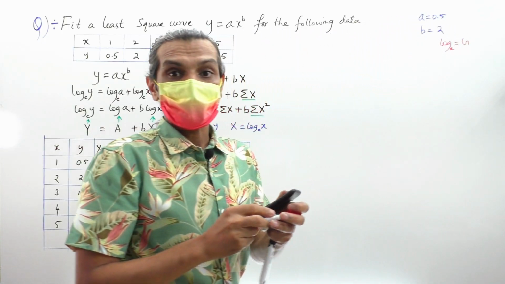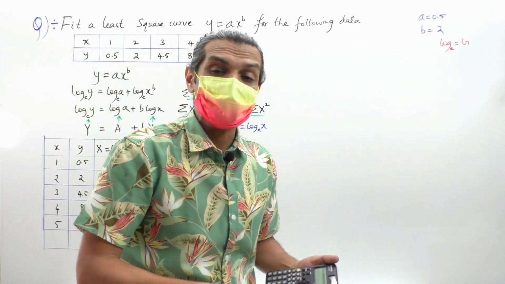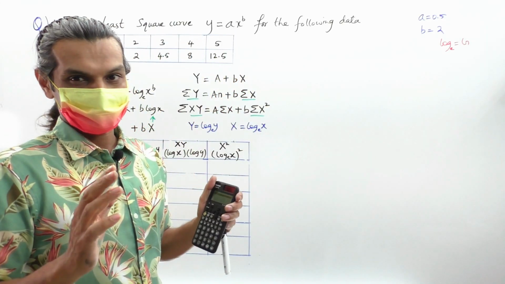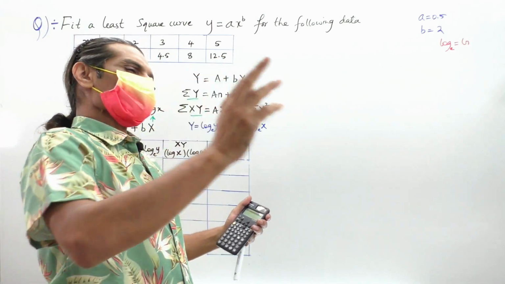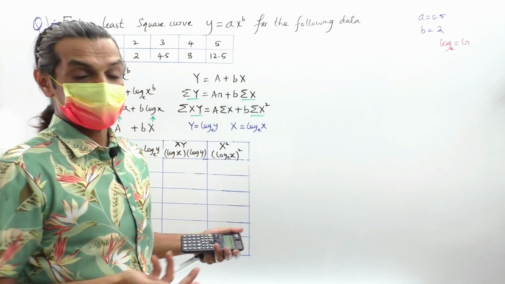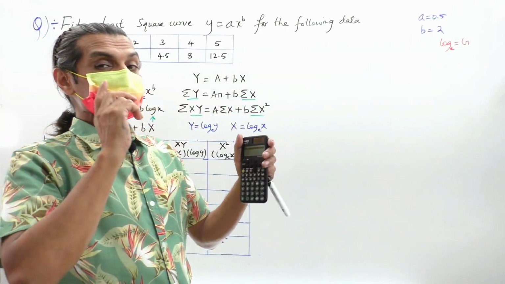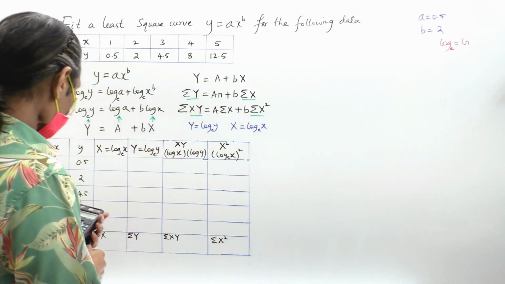Remember, plain log or log to the base e means in the calculator you have to press the ln button, natural logarithm. The log button is always used when a base is given, base 10 or some other base. But here since it is plain log or log to the base e, always use the button ln, that is it, simple.